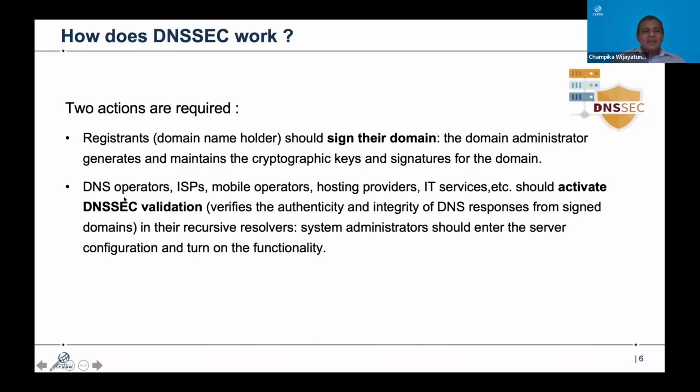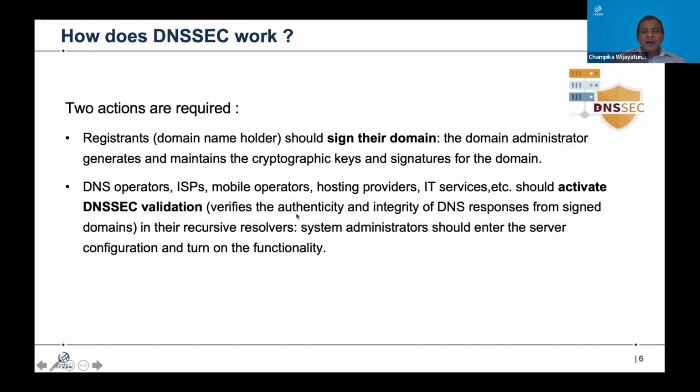And the other aspect is, if you are a DNS operator, or an ISP, a mobile operator, a hosting provider, and so on, right? You have to do DNSSEC validation. So you need to activate that because you are running resolvers. Remember, what are we trying to achieve by activating DNSSEC validation?